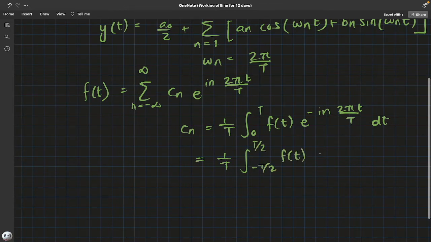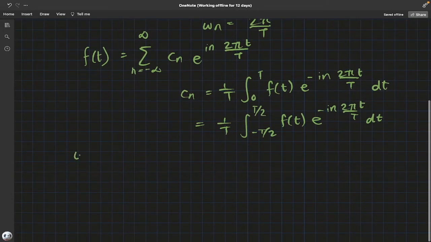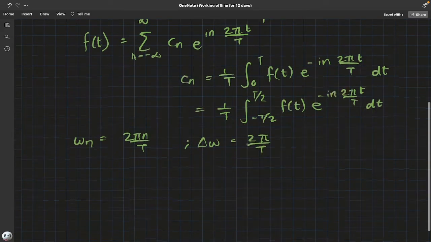It doesn't matter, the interval matters, which has a length of capital T in this case. And now I'm going to do a redefinition of some sort. So 2 pi n over capital T is omega n. Delta omega is 2 pi over capital T.